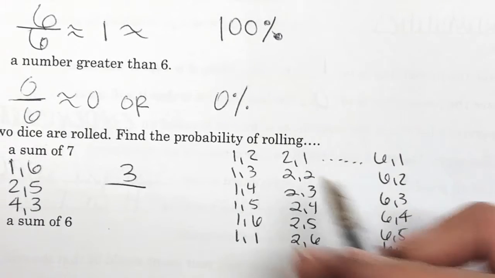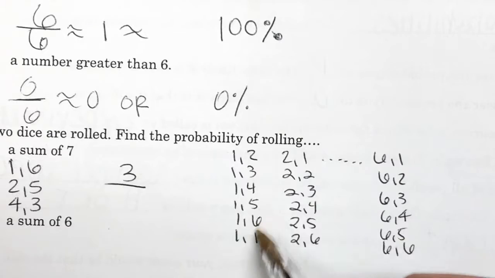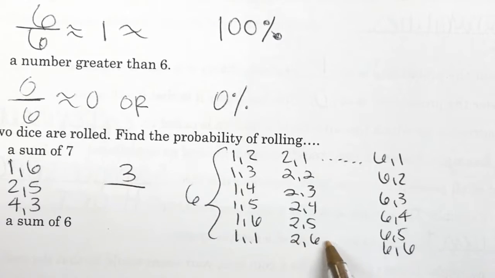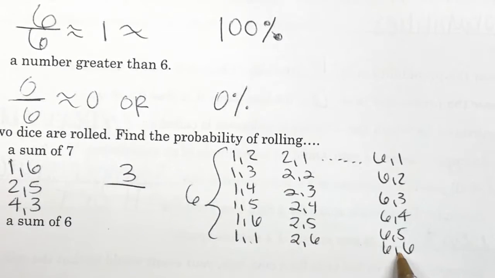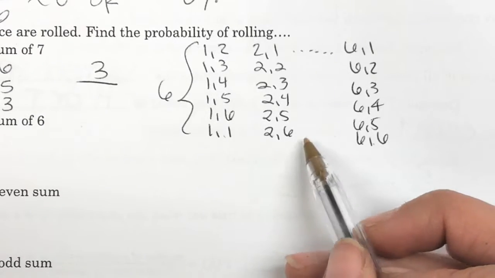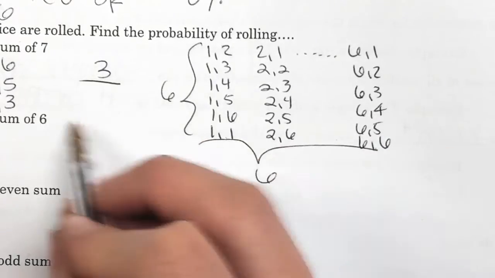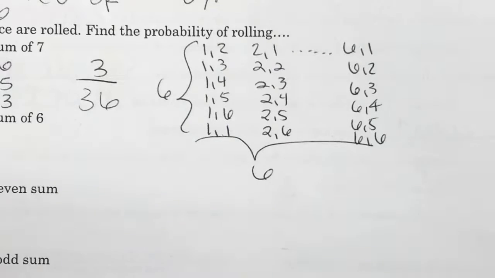Now let's count them up. How many do I have going down? 1, 2, 3, 4, 5, 6, right? How many would I have going across? 1, 2, 3, 4, 5, 6. So 6 times 6? 36. So you would have 36 different options if you roll 2 dice.